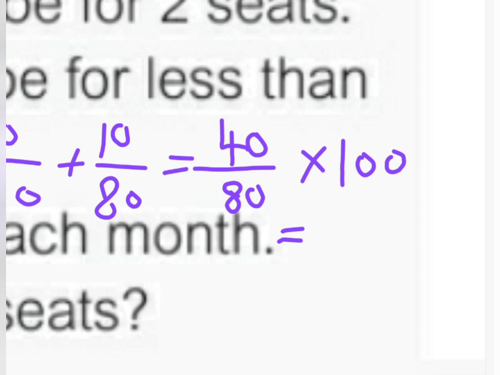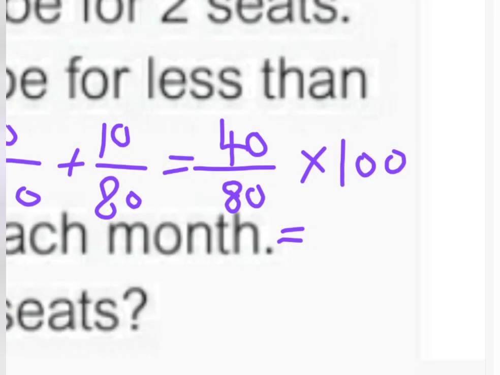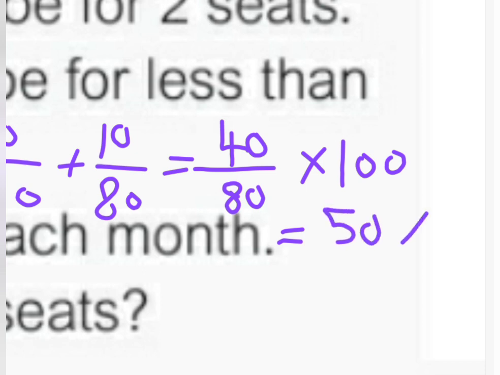Now, let's check with the calculator and then come back. 40 divided by 80 equals, and then you multiply it by 100 equals 50%. So the answer is 50%. Let's write it here as a percentage.